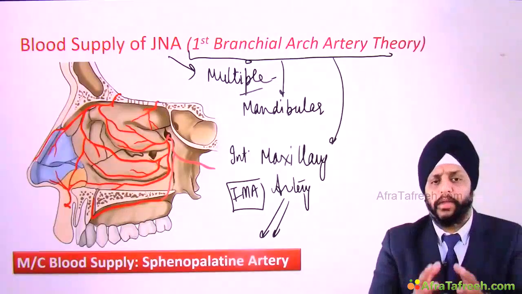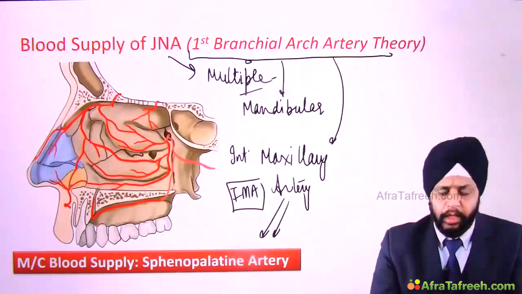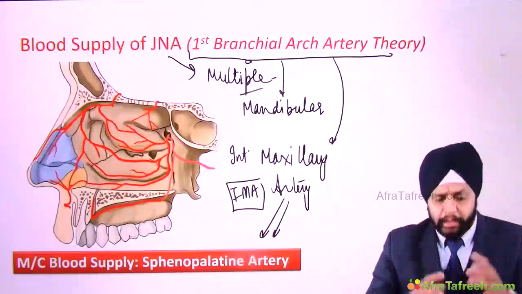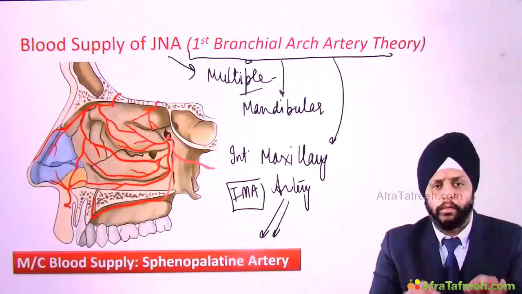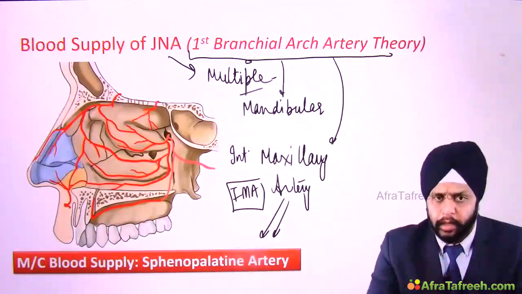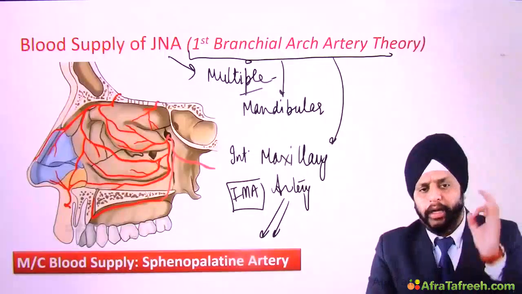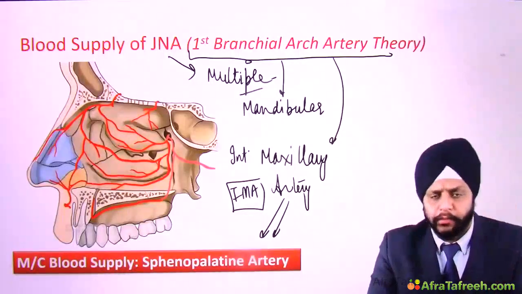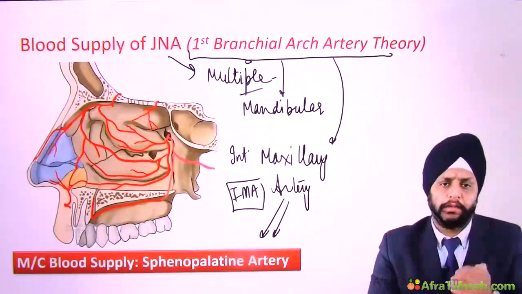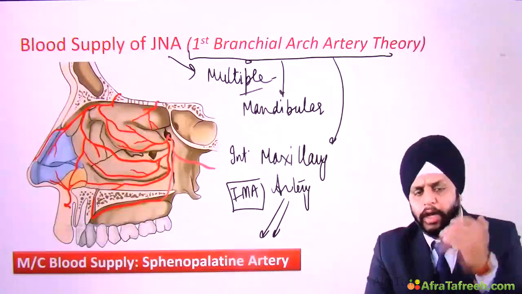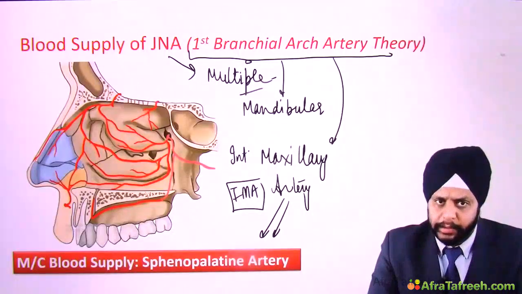That is the place from where it arises. Okay, it may grow and it can take the blood supply from a lot of different arteries, but most common will be sphenopalatine artery. If sphenopalatine artery is not given in your options, remember the answer that you have to mark is maxillary artery, because SPA is a branch of IMA, internal maxillary artery.